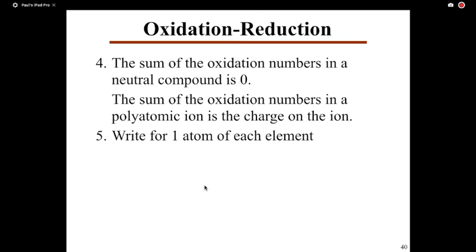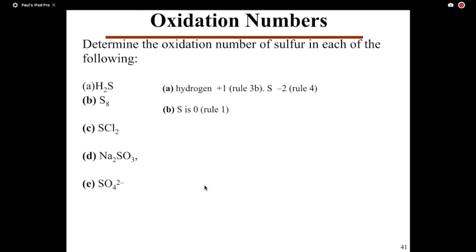All right, so let's take a look. In the compound hydrogen sulfide, the rule here is the hydrogen is bound to sulfur. So the hydrogen bound to a nonmetal is a +1, and the sulfur then must be a -2 because of this.